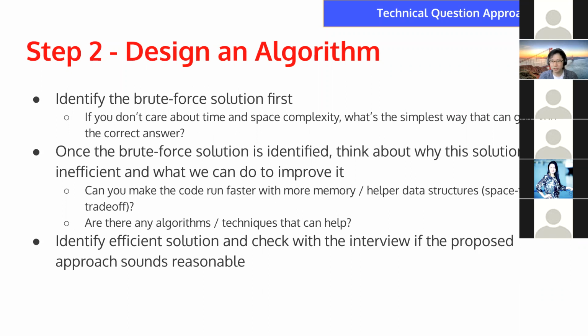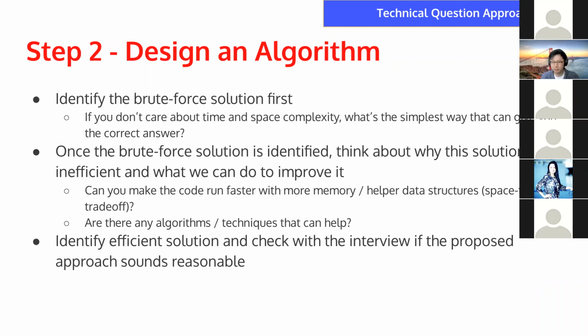And once the brute force solution is identified, then you want to start thinking about why this solution is inefficient and what you can do to improve it. So once again, going back to the tips that I was going over with you earlier, you have to think about whether you can make your code run faster with more memory or a helper data structure. So here you're thinking about making that space-time trade-off. Or you might be thinking, are there any algorithms or techniques that can help with this?